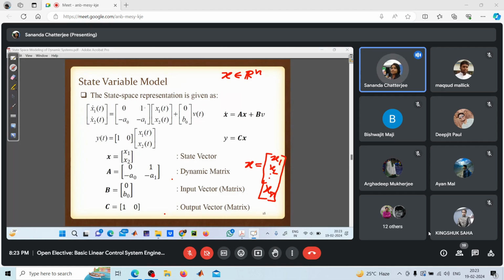So the dimension of x dot will always be equal to the dimension of x. If the x vector has n elements, what is the size of the matrix? n cross 1? Yes or no? Yes, ma'am. So then what will be the order of the A matrix? It will relate an n cross 1 matrix with another n cross 1 matrix.